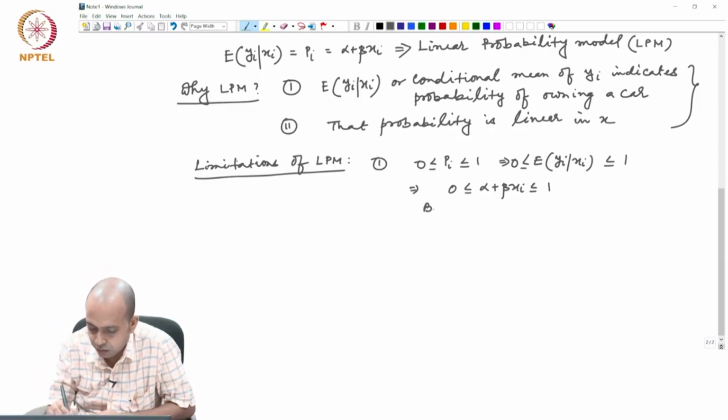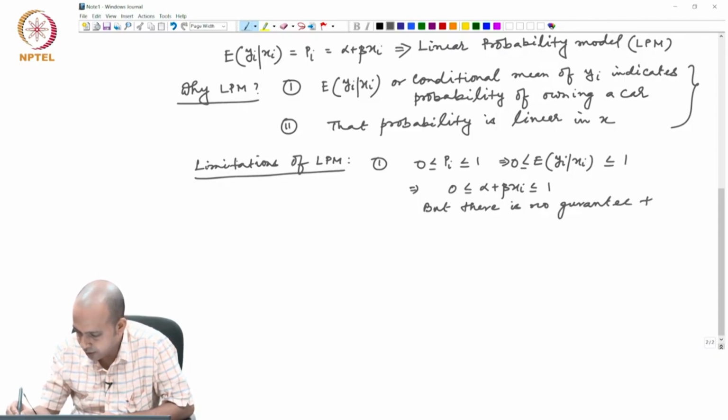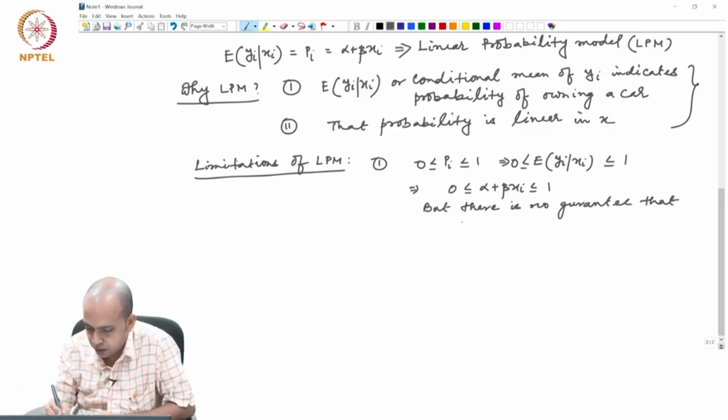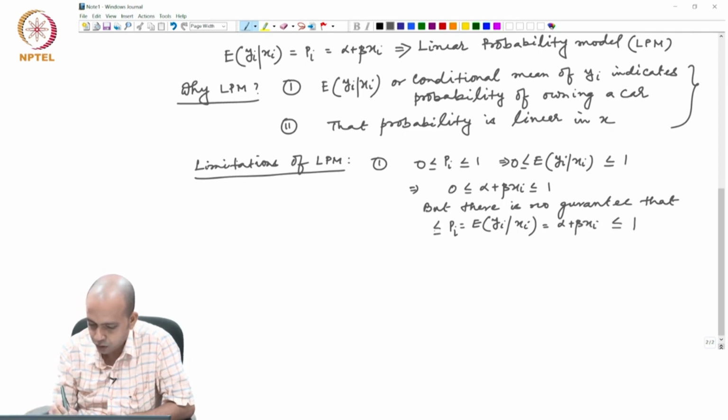But there is no guarantee that Pi or expectation of yi given alpha plus beta xi, they will lie between 0 and 1.